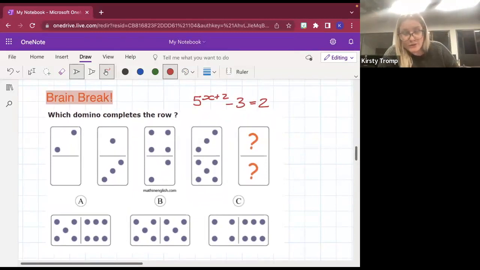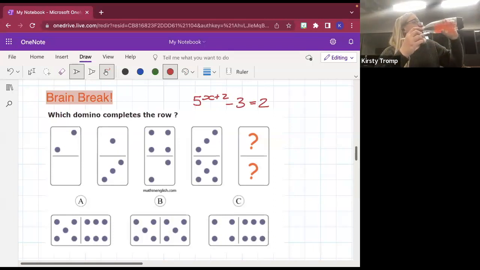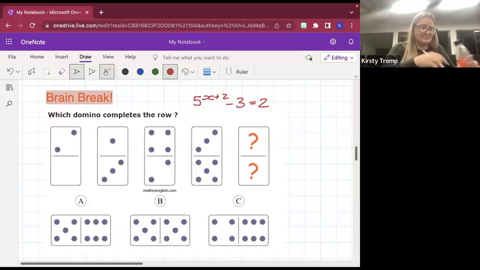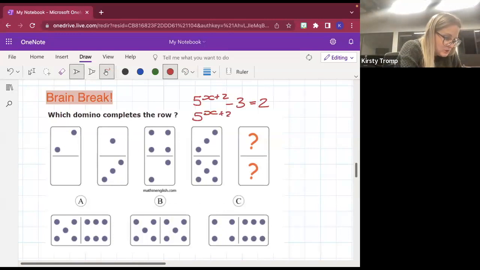What's the first thing I must do? Take the minus 3 over. Fantastic. So the 5 to the power of x plus 2 is equal to, when I take the minus 3 over, 2 plus 3, and it's going to give me 5, hey, Chief?